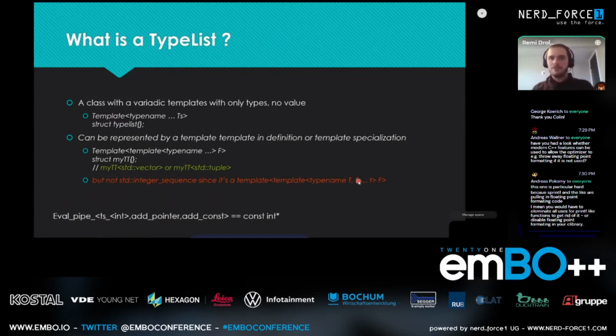I have a function that transforms those type lists of std integral constant to an std integer sequence. Remember that I want it to be compatible with C++11, and C++11 doesn't have std integer sequence. Also, the reason I want to call it TS is because that's the default of what I call it. It's typename TS.